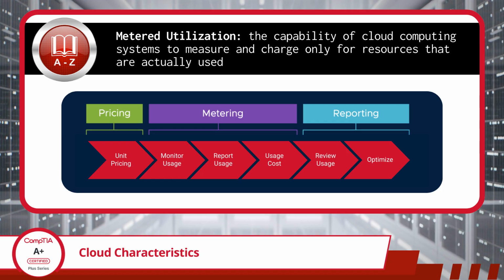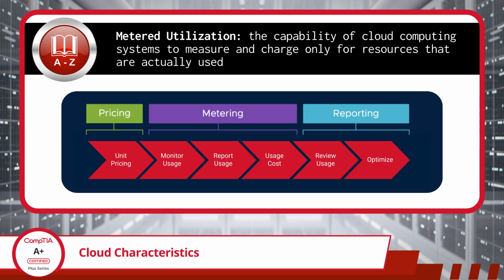Cloud providers track several types of resource usage. Common examples include CPU utilization, which measures how much processing power is consumed, storage usage, which tracks how much data is stored in the cloud environment, and network ingress and egress, which measures the amount of data entering and leaving the cloud network.